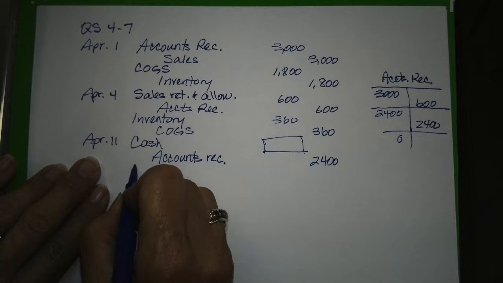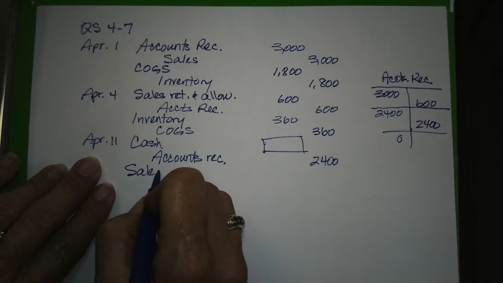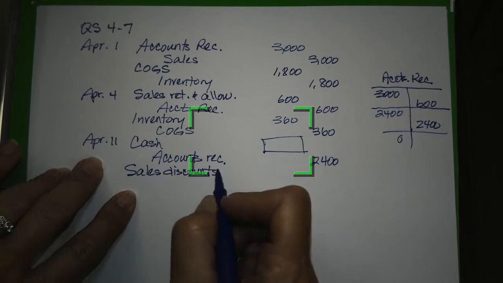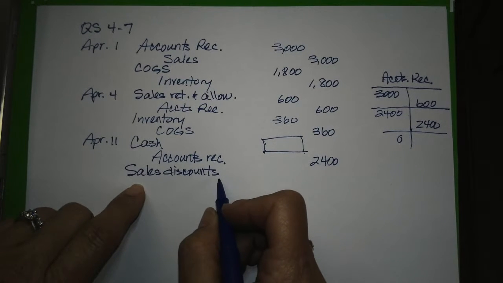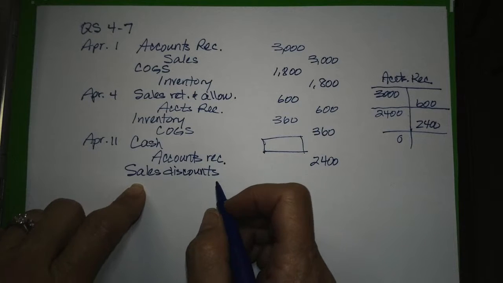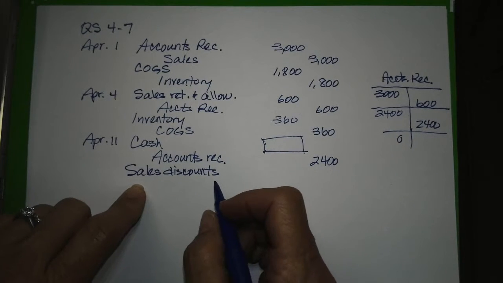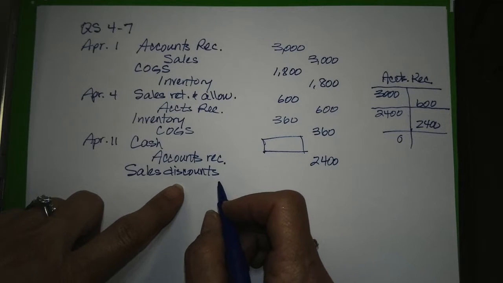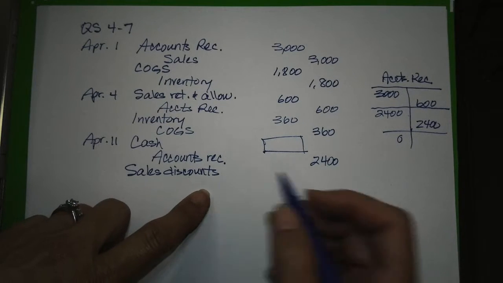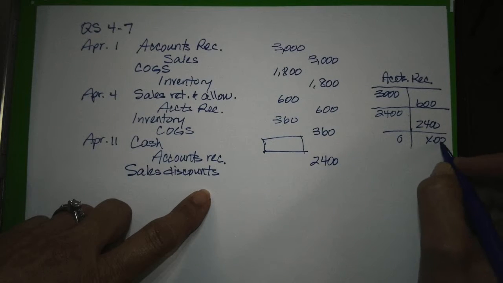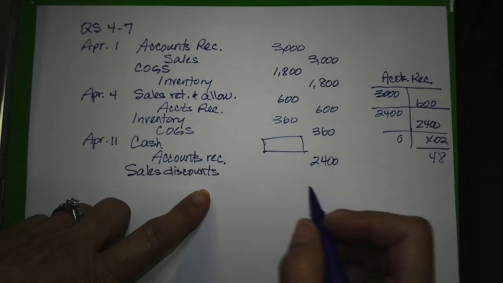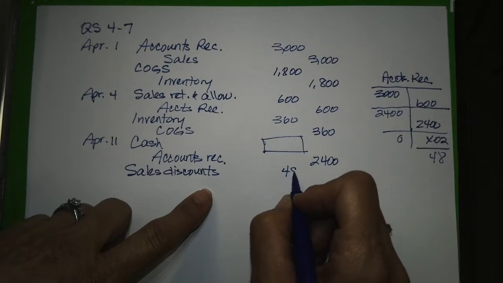And then we'll figure the discount, sales discounts. Notice that we keep a separate account for sales discounts. That's different than the way we did it on the purchases side. But we want to see how much our customers take advantage of this. Okay, so it's 2%, so it'd be 2% of $2,400, because remember, they returned some stuff, so that'd be $48. So the discount would be $48.